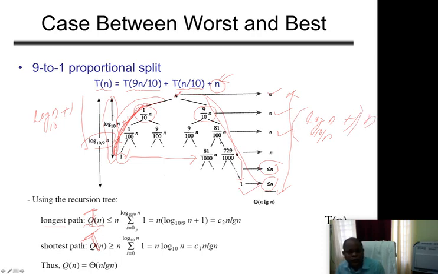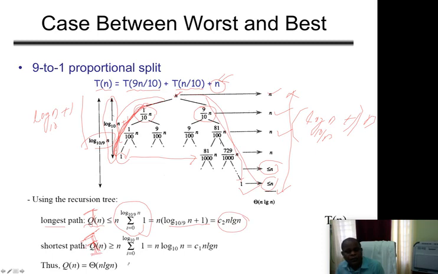Okay, hence if you take n together, it will be the summation of 1 log n. And in this case, this is log n plus 1, and this is the time complexity in the longest path. Similarly, for the shortest path, sorry, it is not Qn, it is Tn.